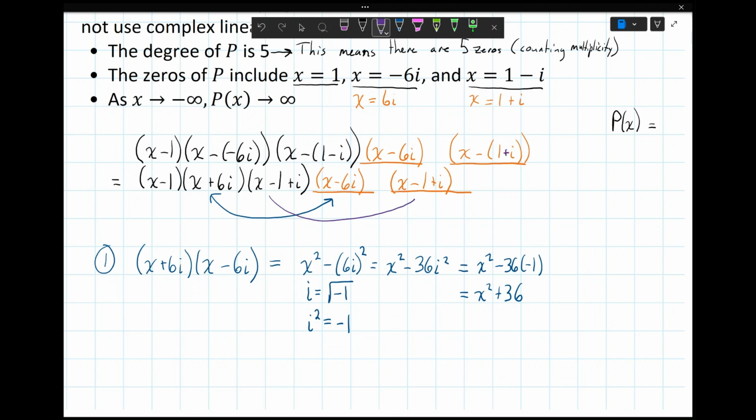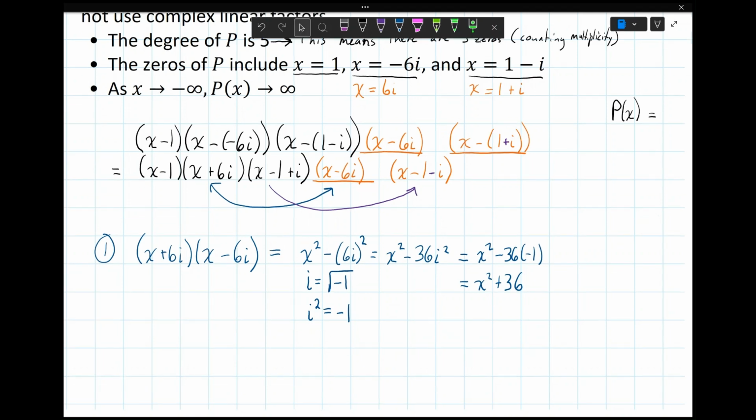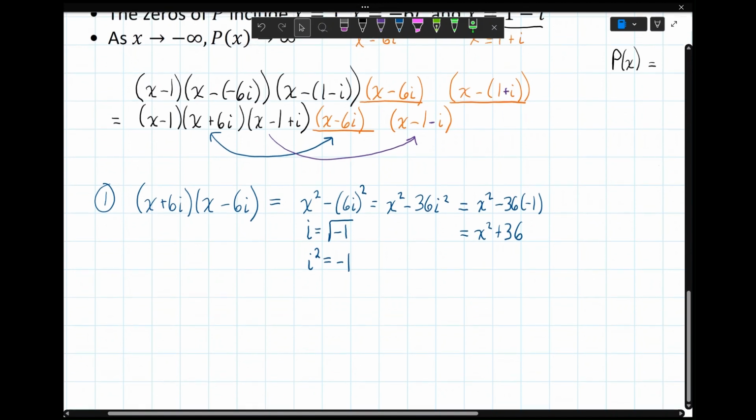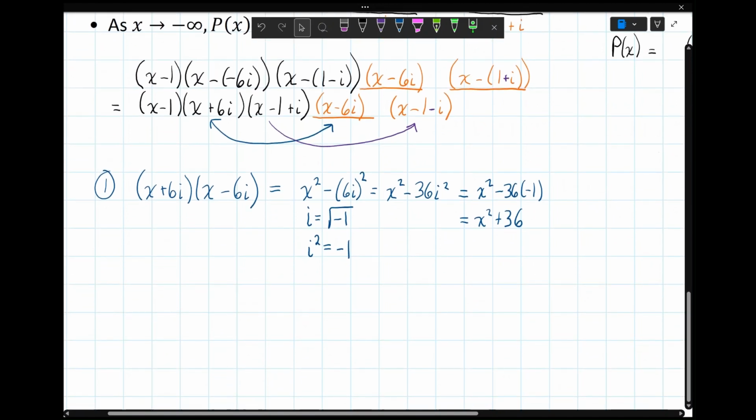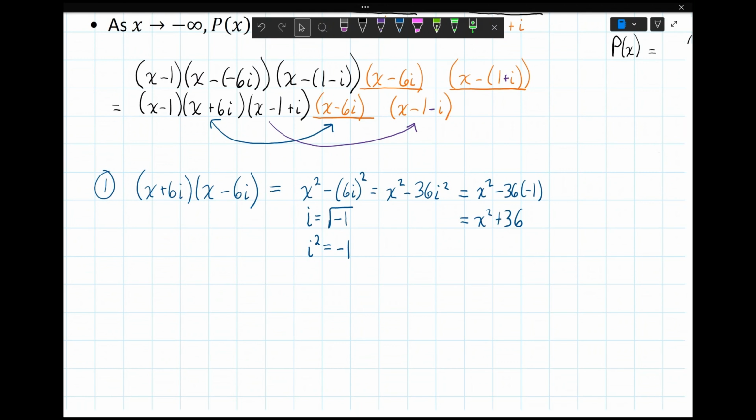That should be an x minus 1 plus i, and this should be a minus here. Anyway, I need to combine those two factors. I can think of it similarly as a difference of squares, though it can get a little nasty. So what we're going to do instead is just straight up multiply it. We're going to multiply x minus 1 plus i times x minus 1 minus i.